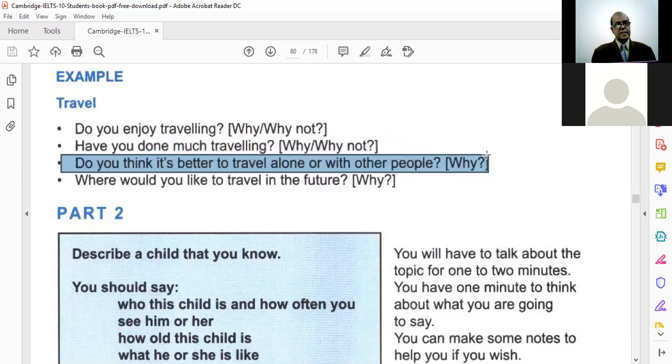Now, do you think it is better to travel alone or with other people? It depends upon the person and what he likes.